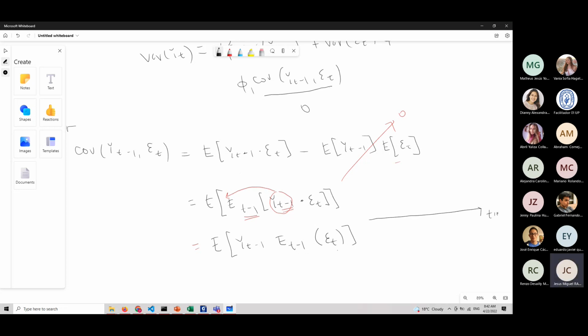Let's say this is time t, and this is time t minus 1. So you have information up to this moment, and then after a while appears epsilon t. Is there any information here that would help you predict the value of epsilon t or not?